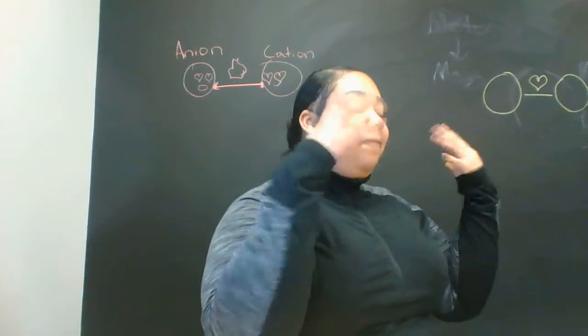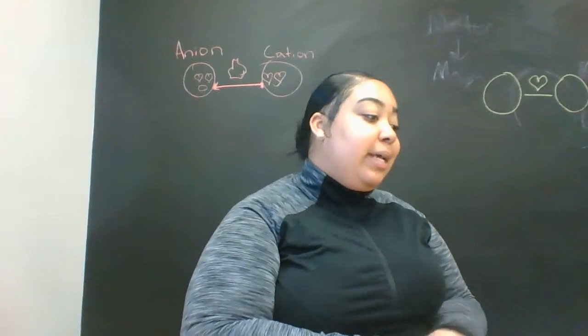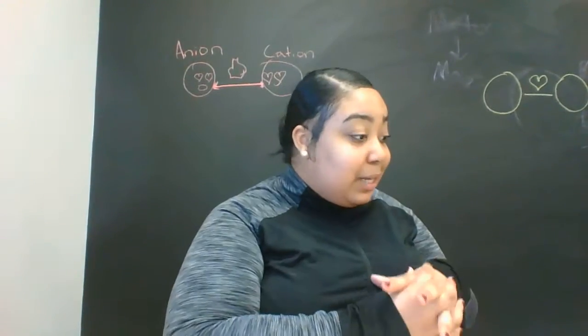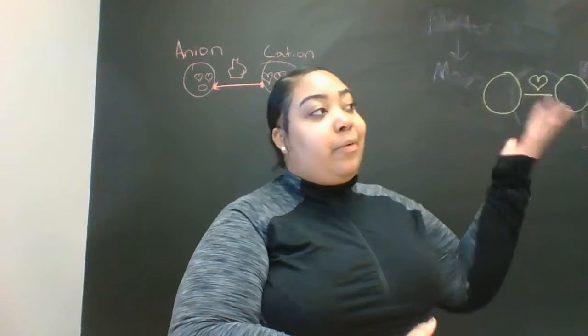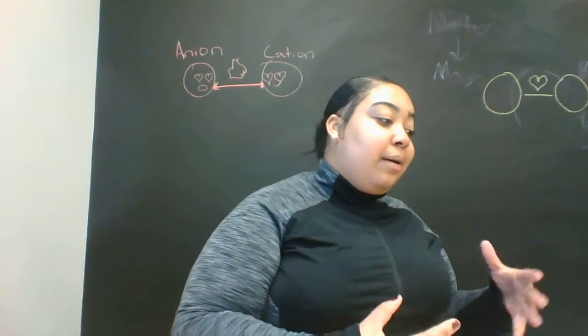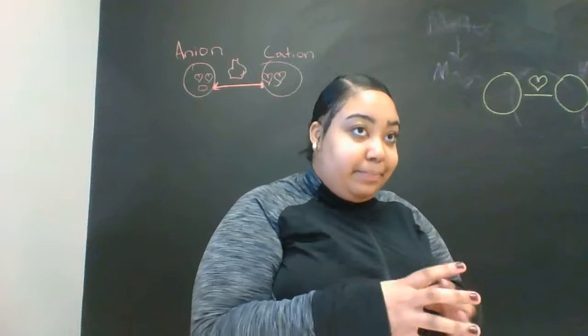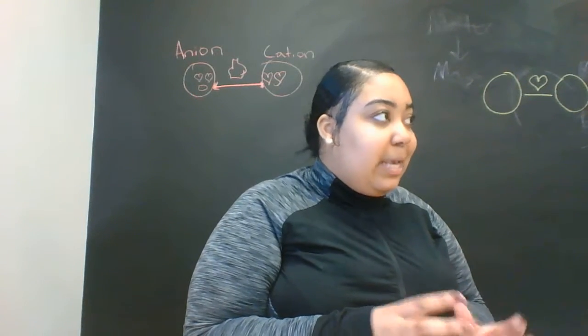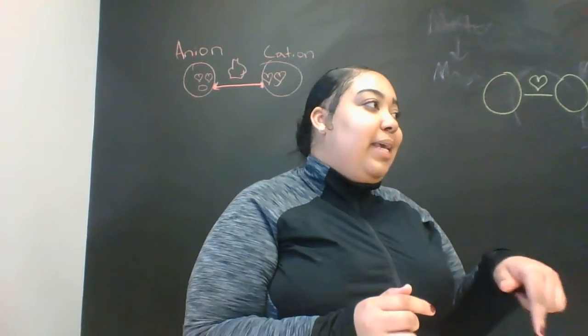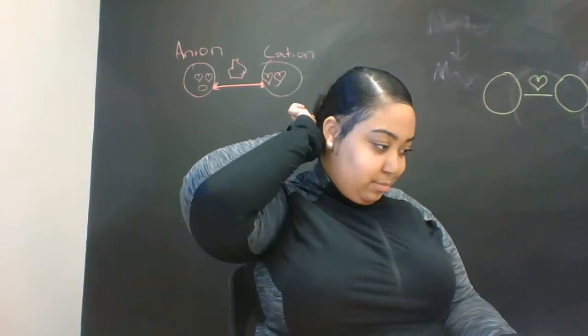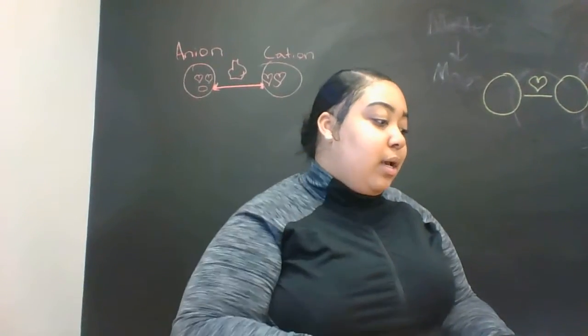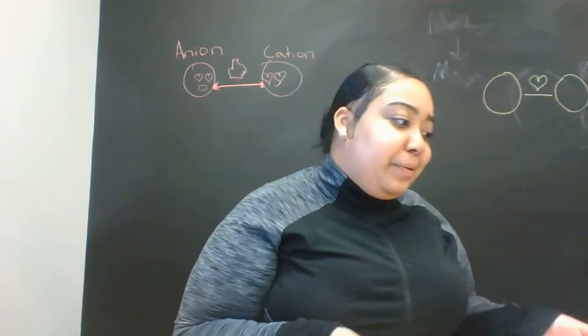So yes, the cerebrospinal fluid is going to be produced by the ependymal cells, and they're going to cover the choroid plexus in the ventricles of the brain. So what does the cerebrospinal fluid do?